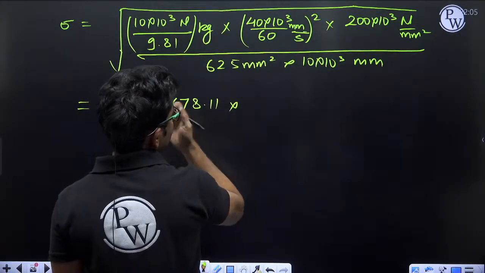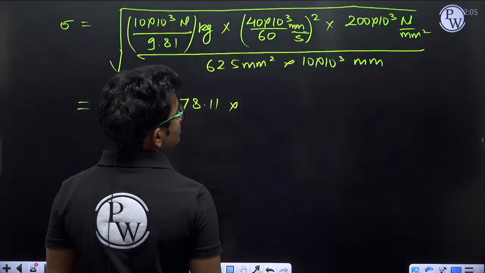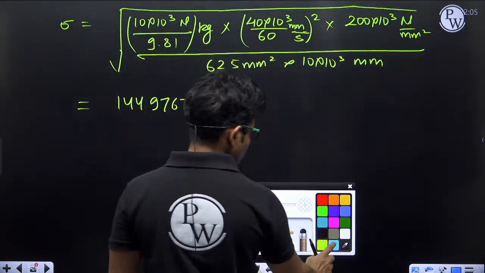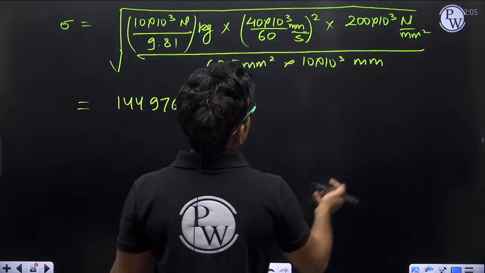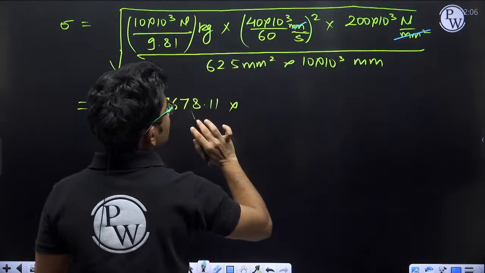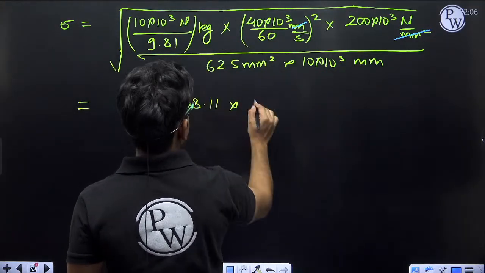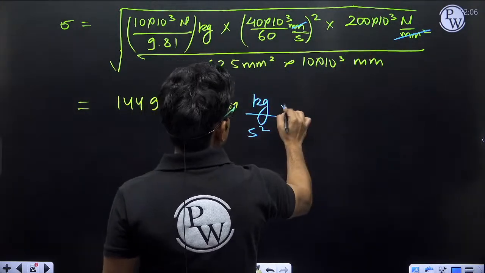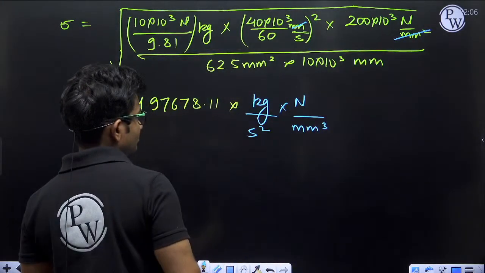Now let us see units. mm square and mm square will be getting cancelled out. It can cancel out from here also. So what units are we getting? This is kg, kg here, second square here, Newton divided by mm cube.